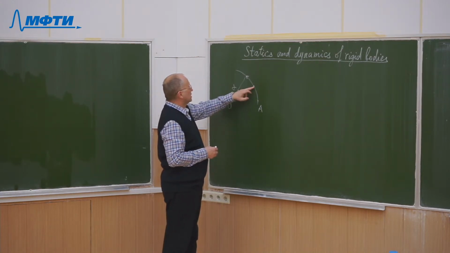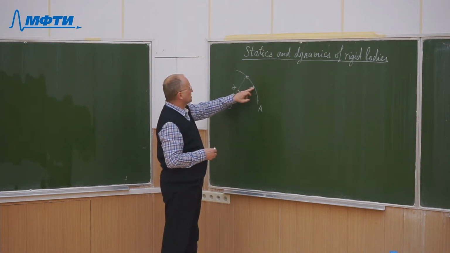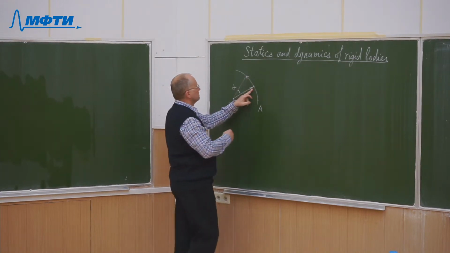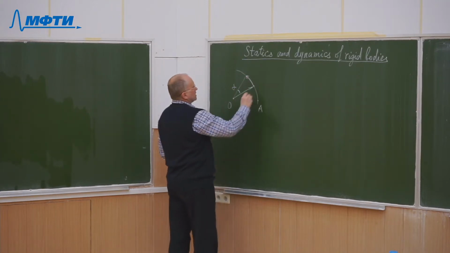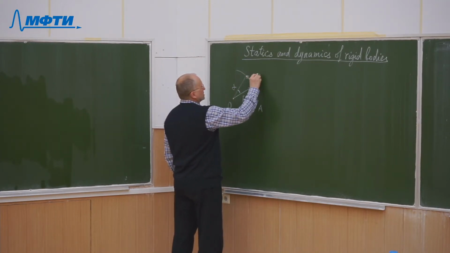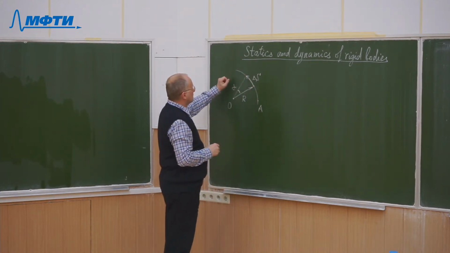This displacement of the material point takes a certain time interval delta t, and the displacement itself is delta s, that is, the length of the arc defined by the central angle alpha.